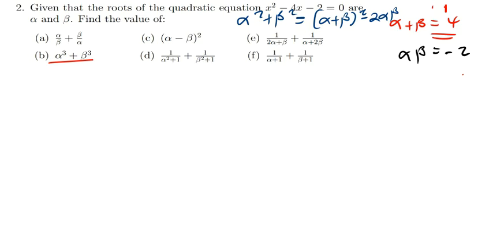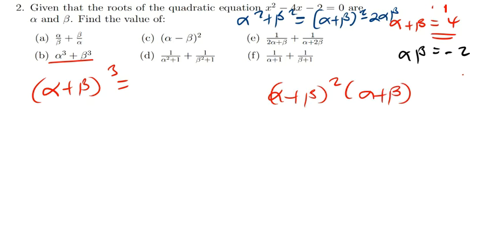Let us see. I have first to expand alpha plus beta raised to the power 2, and also alpha plus beta, meaning, so now we already know what this is.